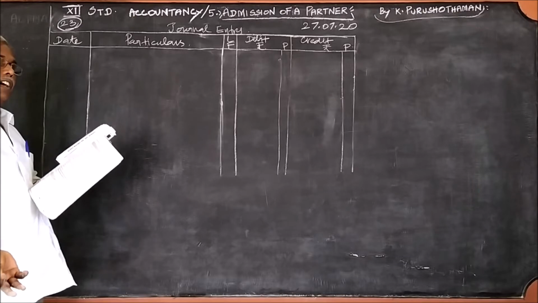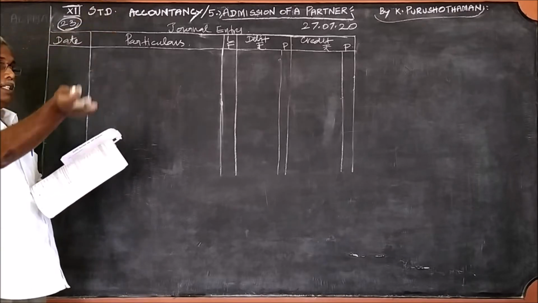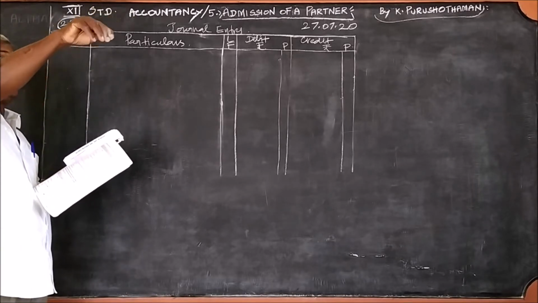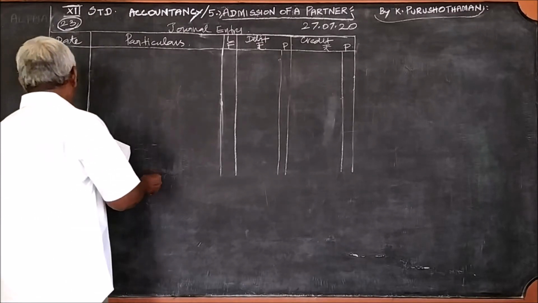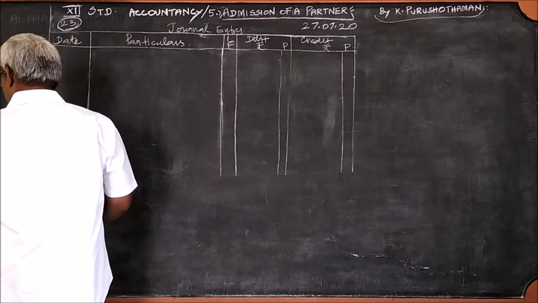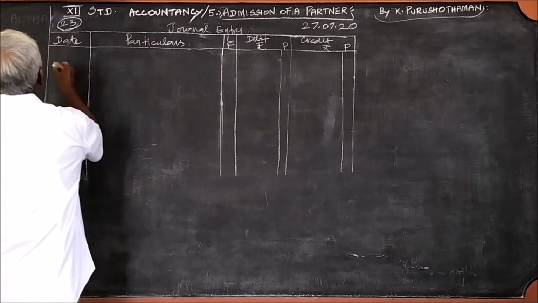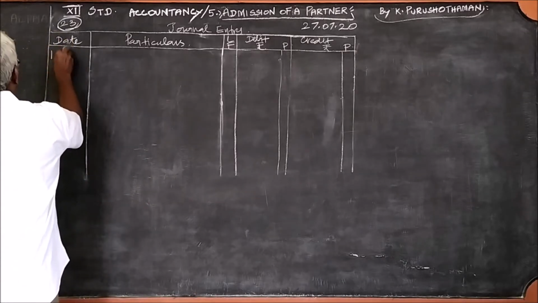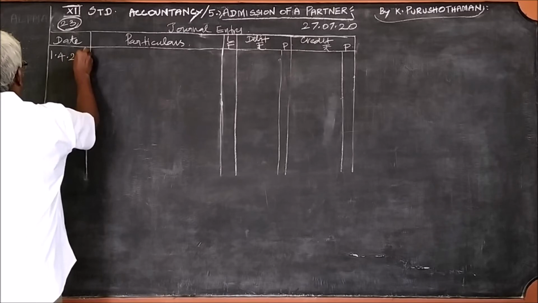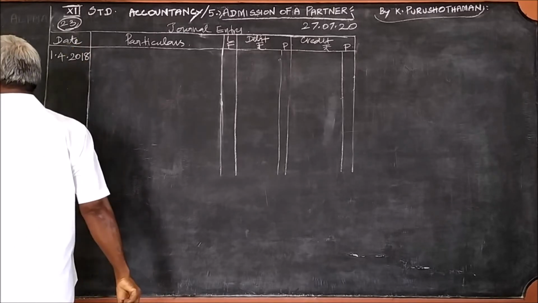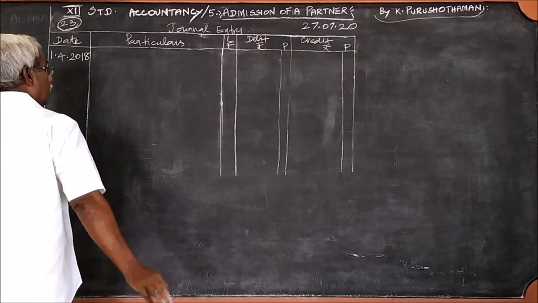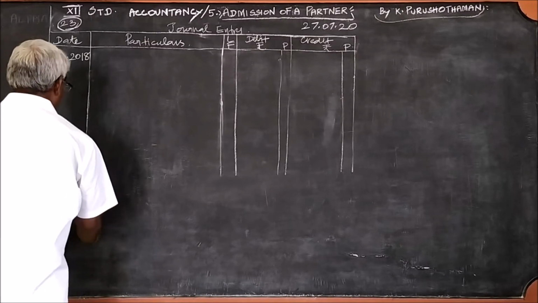When it is written off, it is the reverse: capital account to goodwill account. The date given is 1st April 2018. On that date, they write off the goodwill.